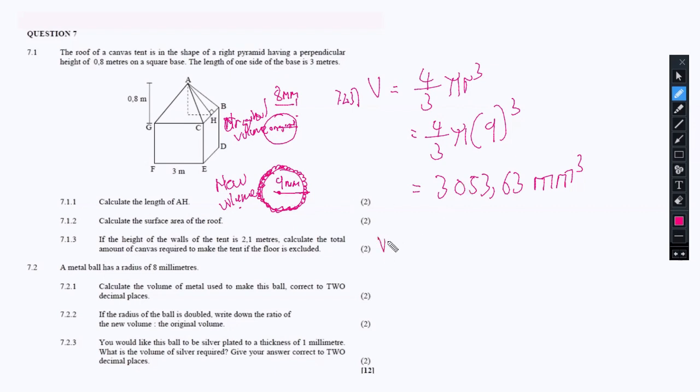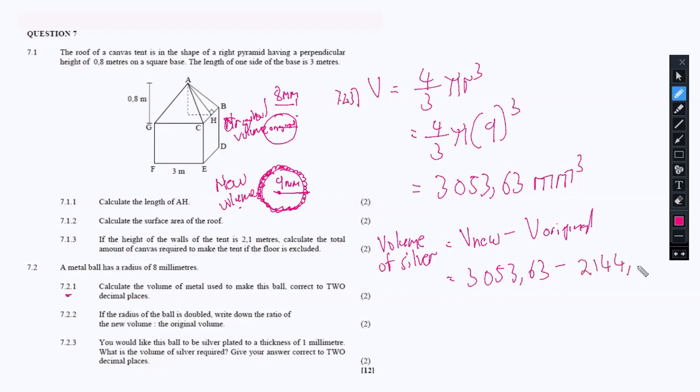So the volume of silver would have to be the new volume minus the original volume. The new volume is 3,053.63, and the original volume is the one that we calculated in 7.2.1, which was 2,144.66.